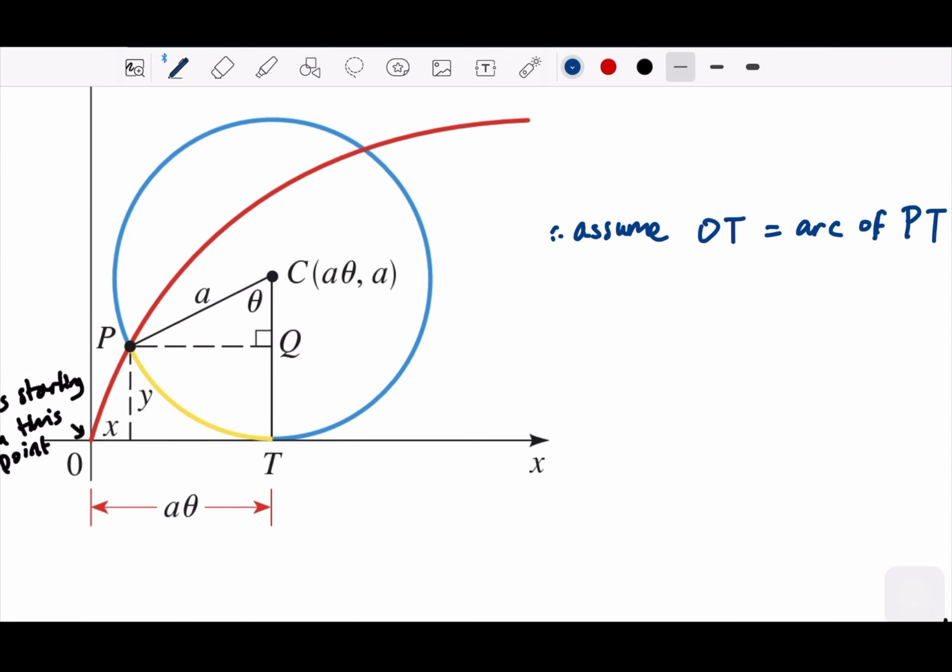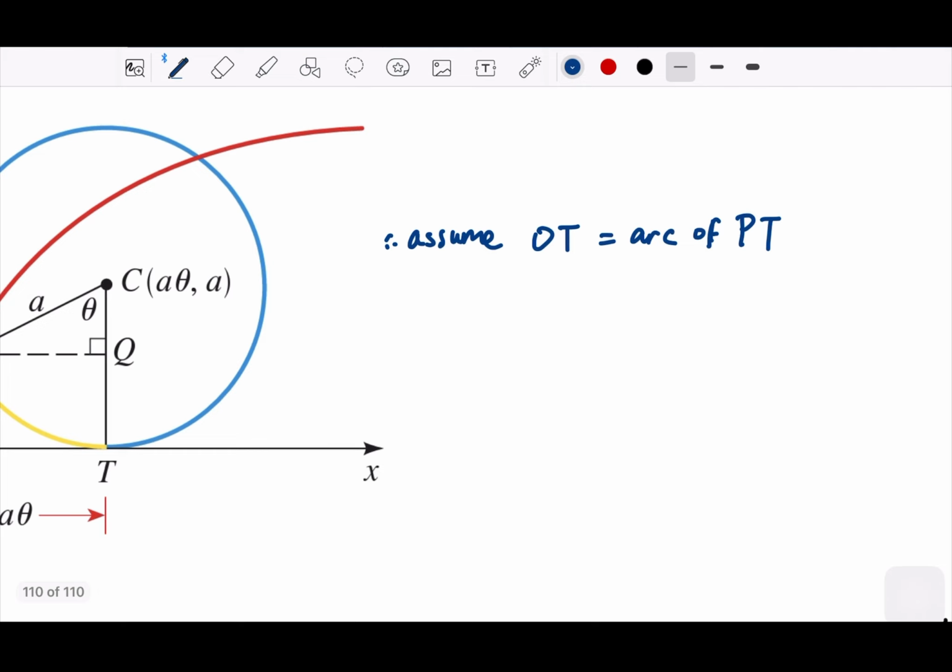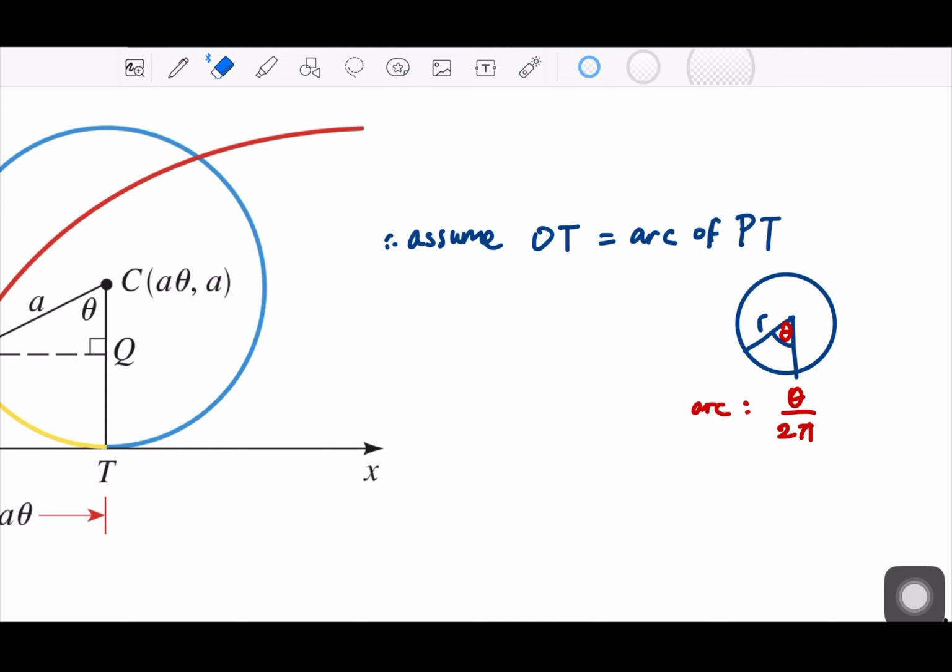So the arc of PT, if you remember the circle, how to find the arc is basically the radius multiplied by theta over 2 pi, or maybe not taking 2 pi, I think directly is still okay.